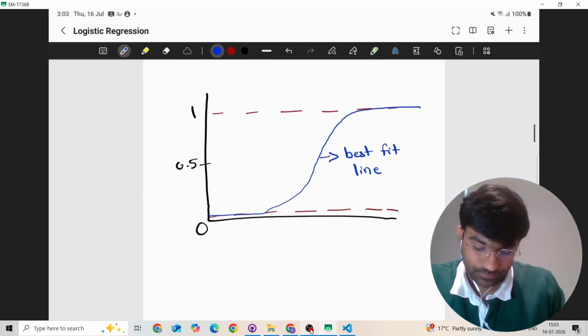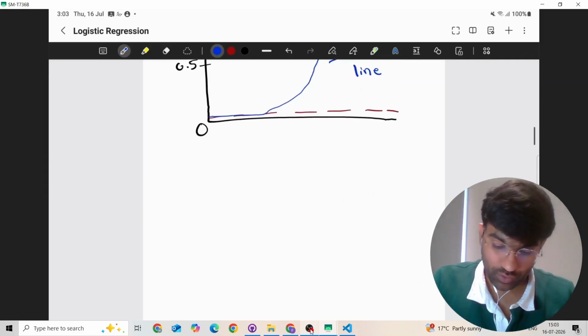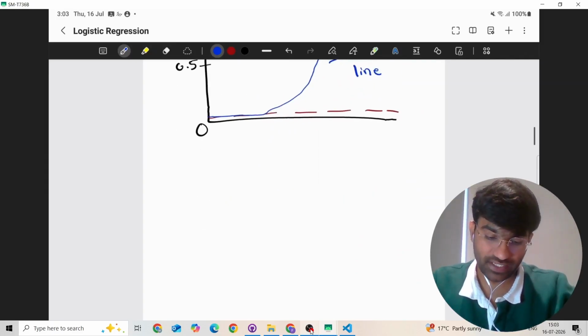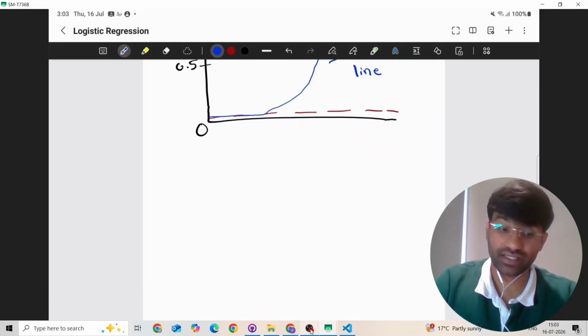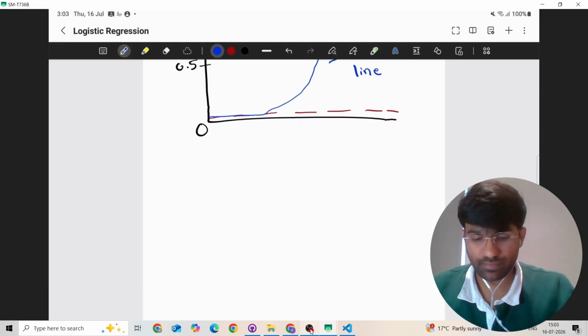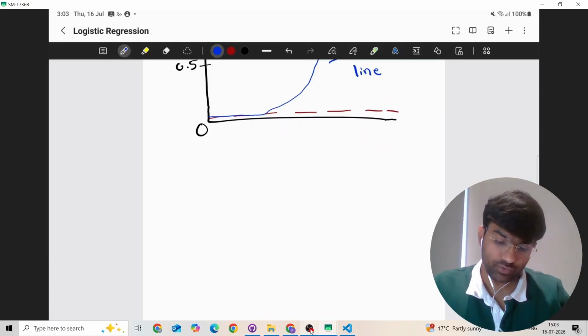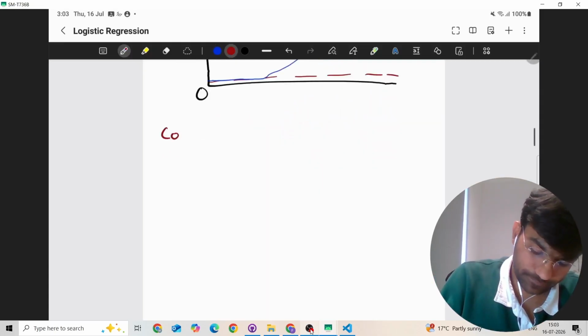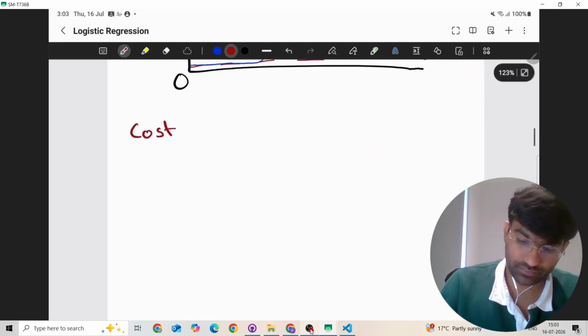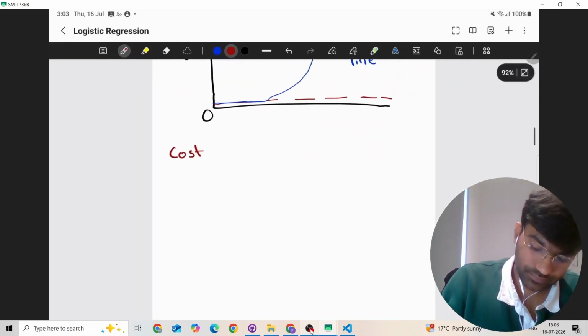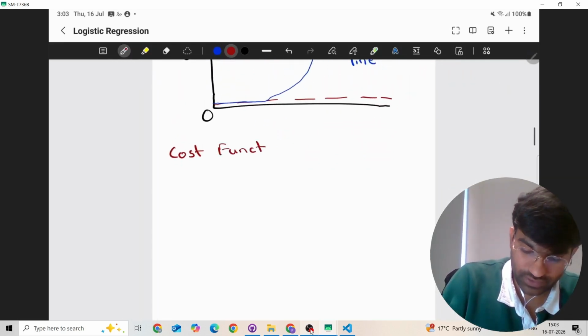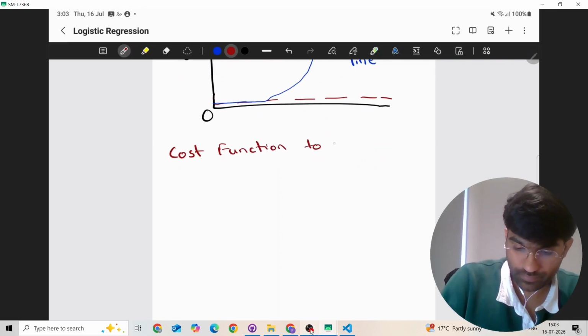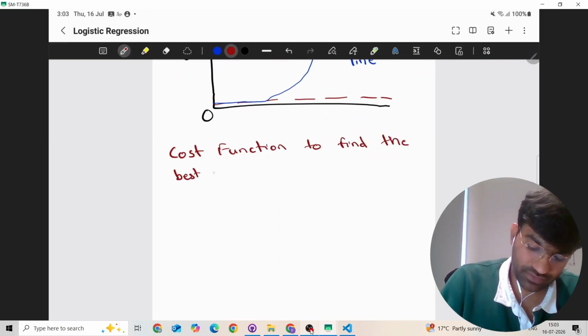Okay. So how to get the best fit line? What will be the equation for the best fit line? Same as linear regression, we again have to use the cost function to find the best fit line.